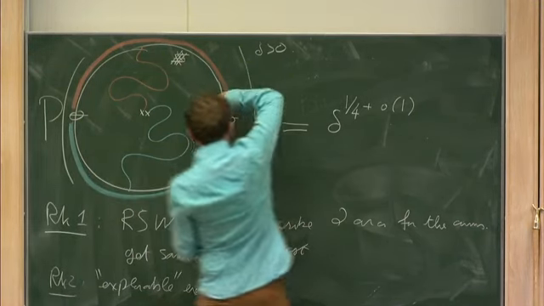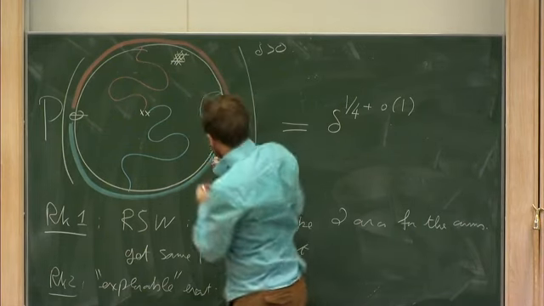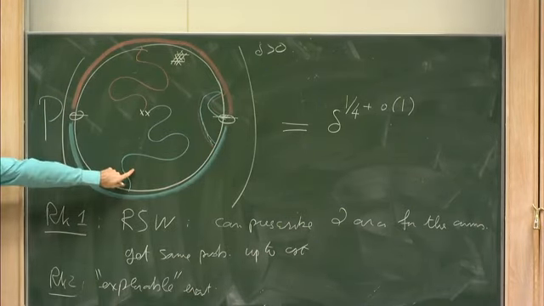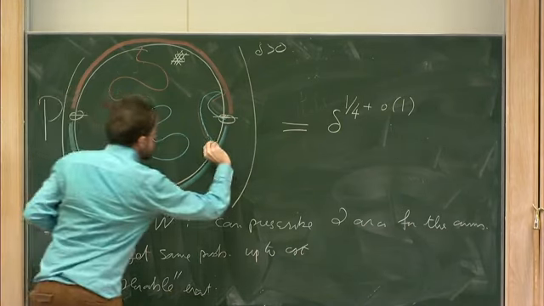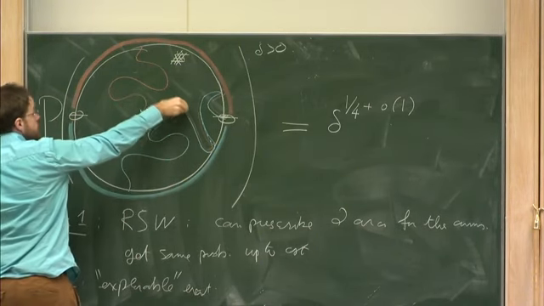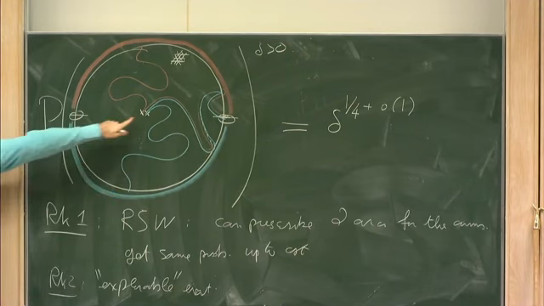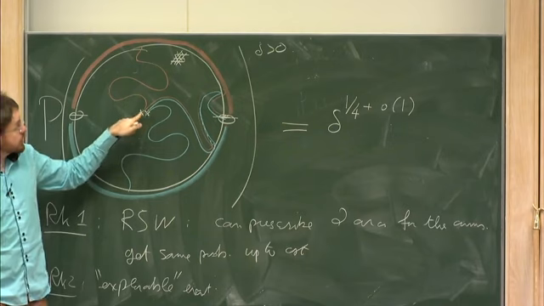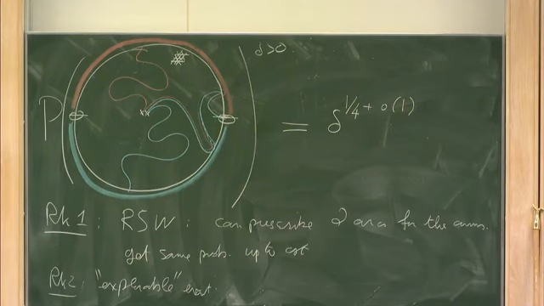So you do something like this. You explore the boundary between the two clusters of the boundary. And it's easy to see that if these arms exist, the exploration process has to go through the center. So it has to approach here, and then it does whatever it wants. And vice versa, if the exploration process does go through this edge between the two vertices, then automatically the boundaries of the exploration contain paths of the right color.